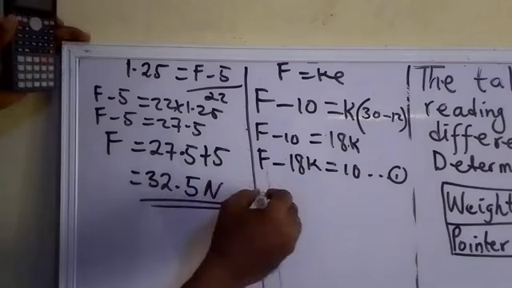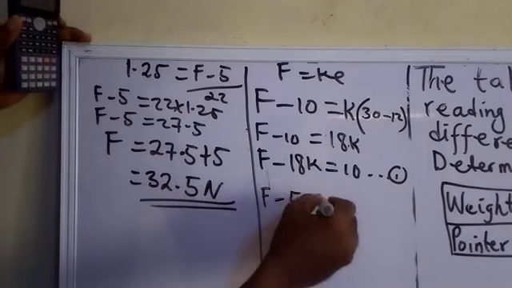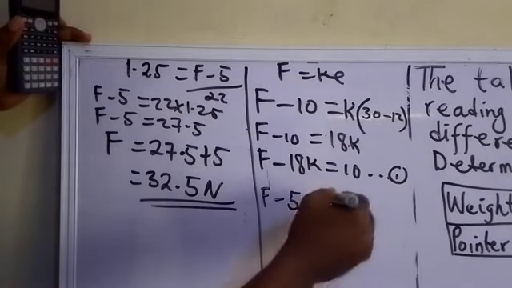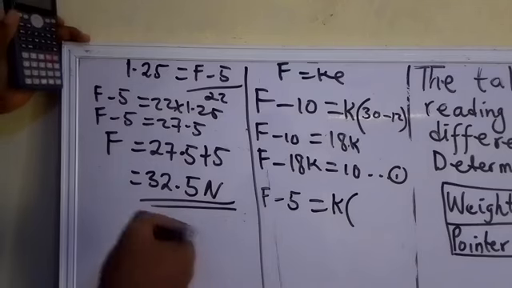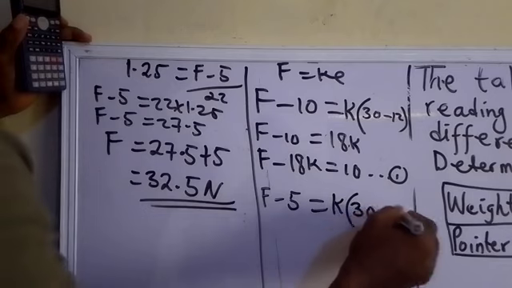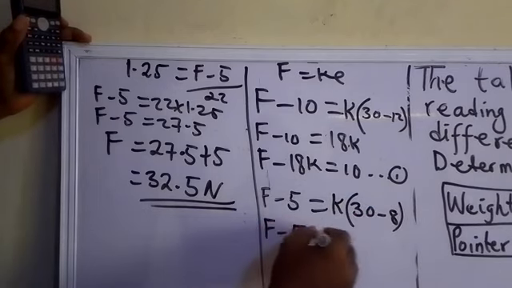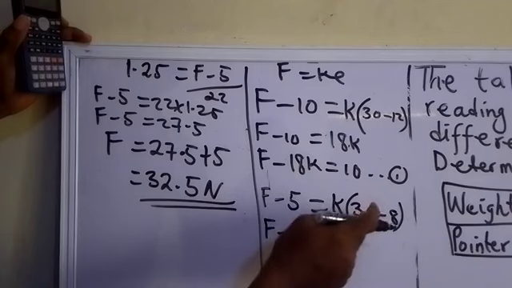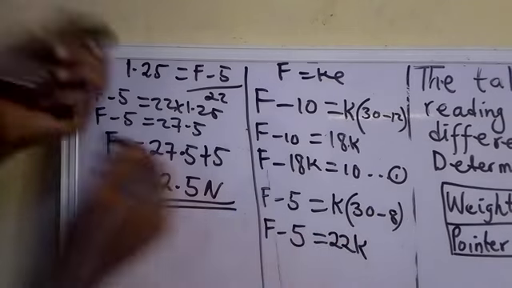Now, having used F and 10, can we use F and 5? Yes, that is possible. If we say F minus 5 equal to K into the difference of the extensions between F and 5, that will be 30 minus 8. We have F minus 5 equal to 30 minus 8 is 22, multiplied by K is 22K.